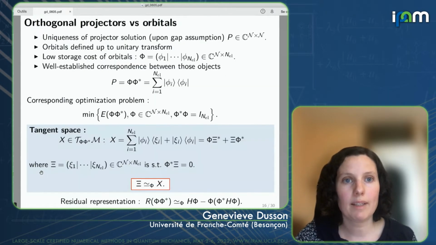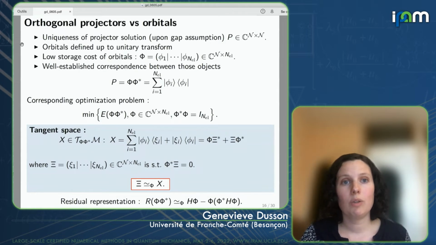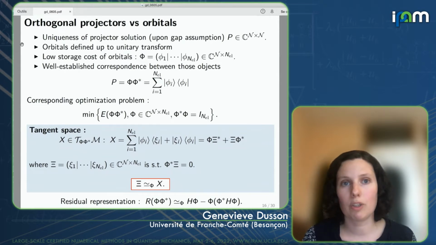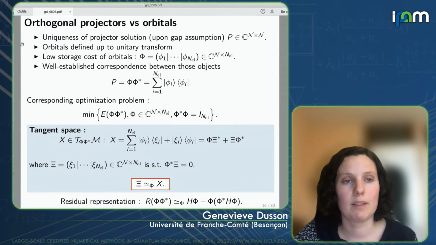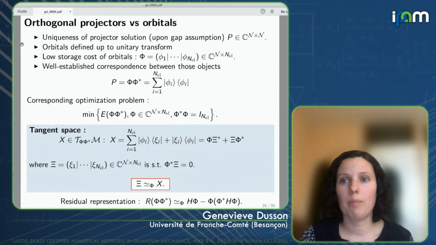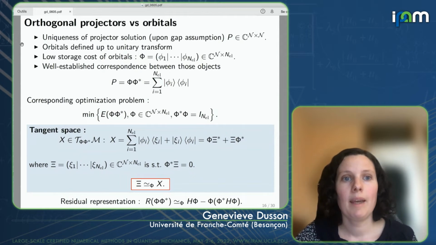And the reason for that is that theoretically, it's easier to deal with projectors because, for example, the projector solution is unique if the minimum is non-degenerate, which we will assume here. Whereas the orbitals are defined up to a unitary transform, so they are non-unique.